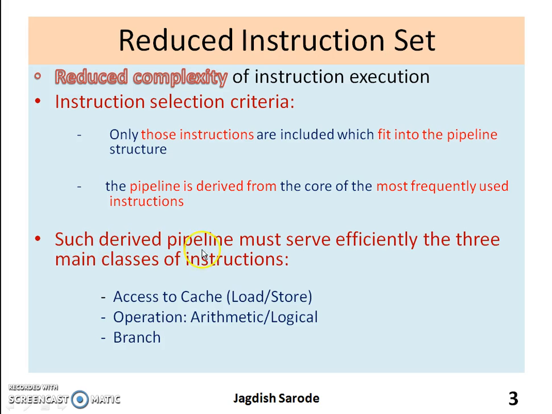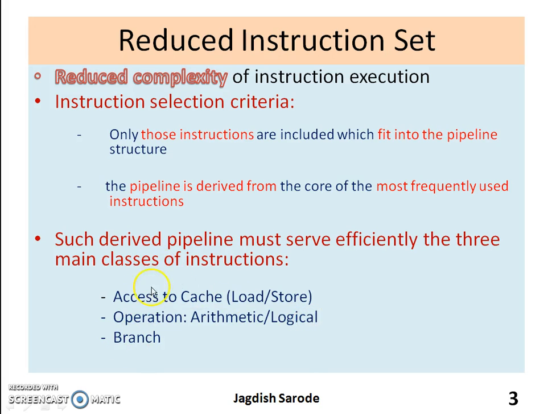Then such a derived pipeline which uses the reduced instructions must serve efficiently the three main classes of instruction. So whatever pipeline is derived, it should support the three main classes of instruction. First is access to cache, or load store type of instruction. Then this pipeline must support arithmetic and logical operation instructions.